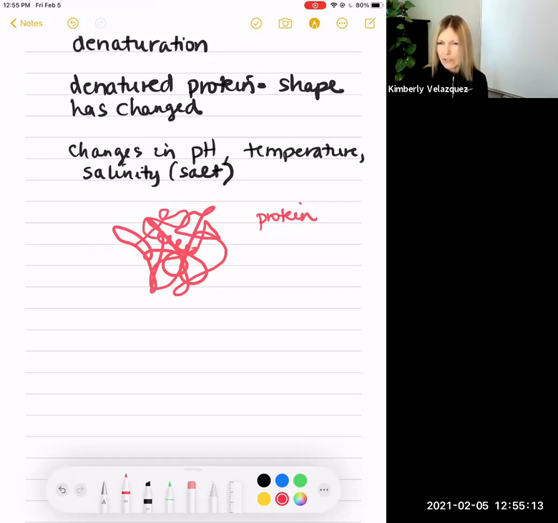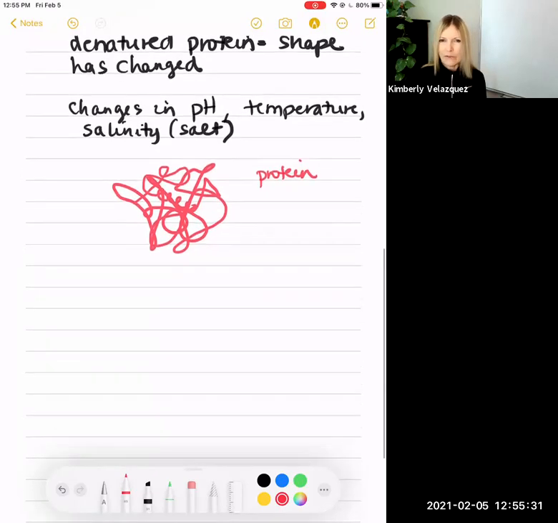That's why we need to keep pH relatively constant. We need to keep it normal, whatever normal is for that area of the body. So the pH of your stomach is obviously very different from the pH of your mouth. So the goal of buffers is to keep pH normal, whatever normal is for that area of the body. And that changes throughout the body.